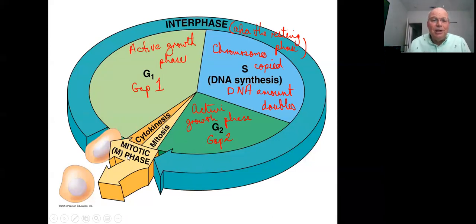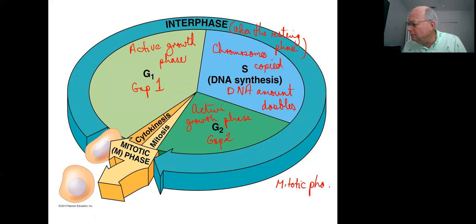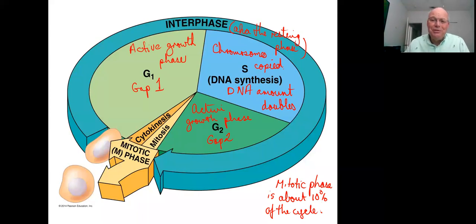So you can see that the cell division part, the mitotic part, is actually a small part of the cell cycle. The mitotic phase is only about 10% of the cycle. Cells in interphase, that's 90% of the cell cycle.